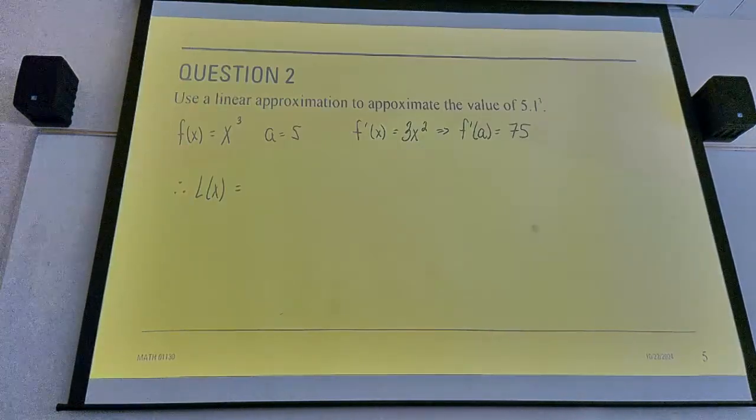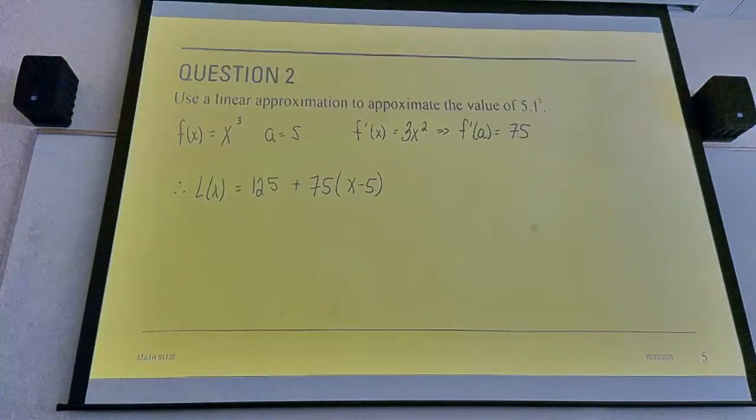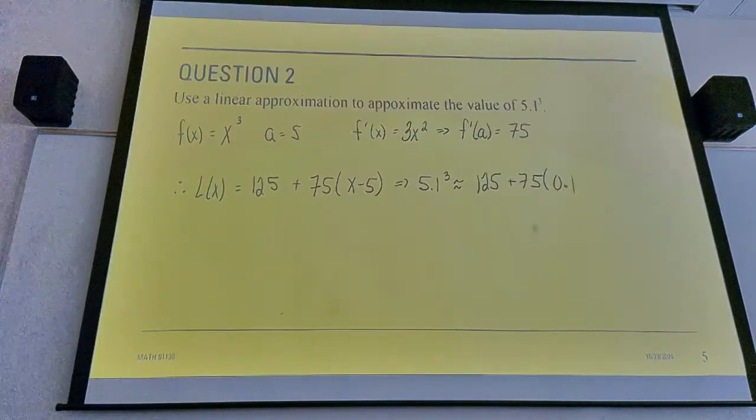And what's 5 cubed? There's the linearization. So 5.1 cubed is about 125 plus 75 times 0.1.